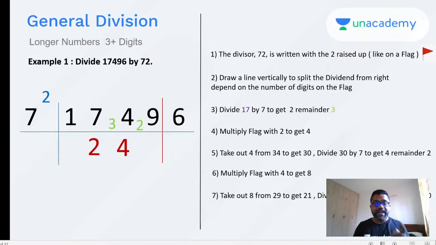Remember I told you about that 29? 21 divided by 7, I get a 3, remainder 0. Now again I will multiply the flag with the last digit of the quotient. 2 into 3, I get a 6. 6 minus 6 is a 0. So the answer is 243, remainder 0.